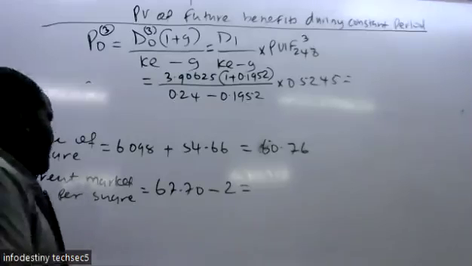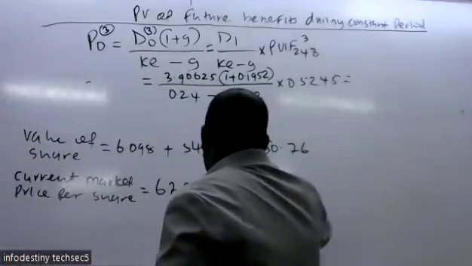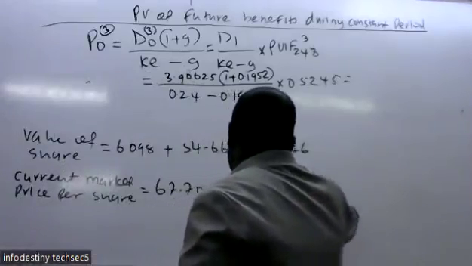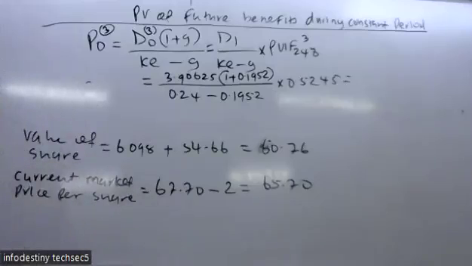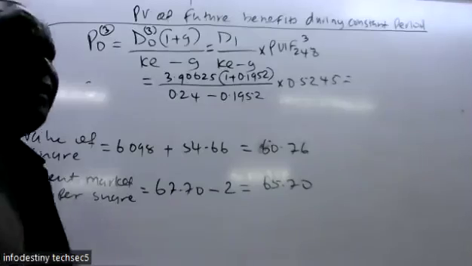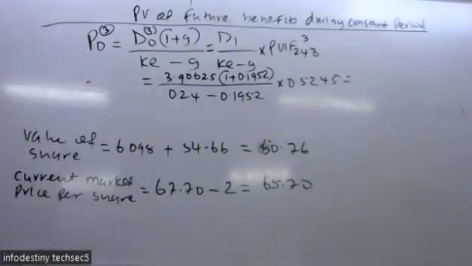So when you subtract the dividend, we get 65.7. So we are comparing the two to show whether the share is overvalued or undervalued. The determinant is the market. So the market has given it 65.7.